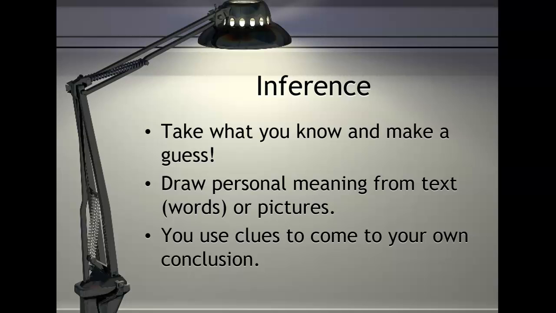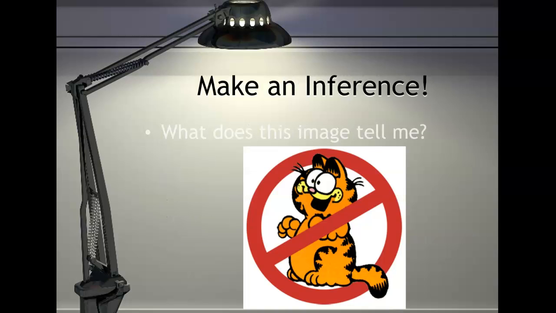Let's take a look at this picture. Make an inference. What does this image tell me? Well, if you're looking at it, I know that this red symbol means no, or don't, or stop. Then there's a cat in here, and I know this cat's name is Garfield.